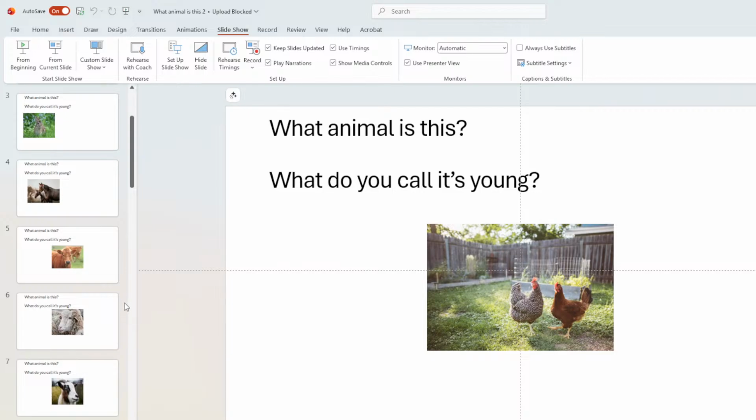What do we call that? What's the proper name for that animal that's on your screen now? And also, what do you call its young?